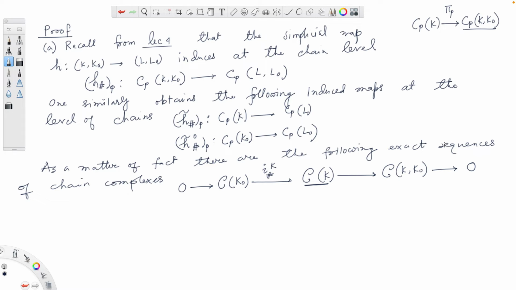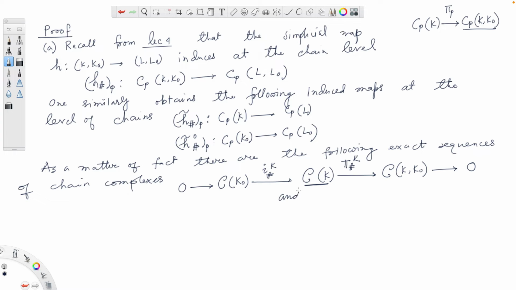And this is the induced chain map pi hash K. And K again reminds us that it's a chain map attached to the complex K. So we have this, oh, sorry, I think I made a mistake here. It has to be pi hash K. So this is an exact sequence of chain complexes.